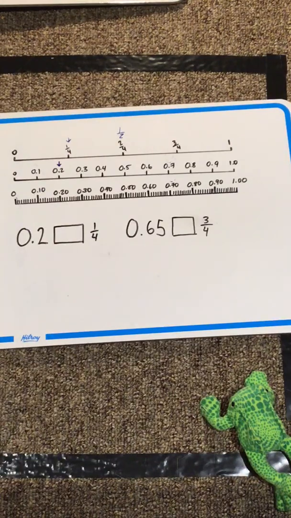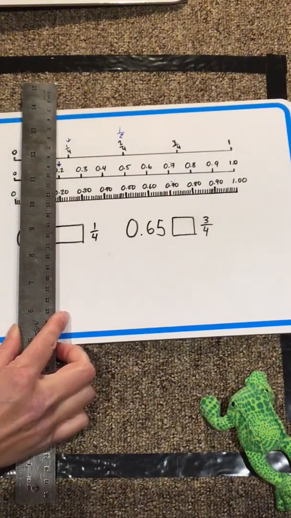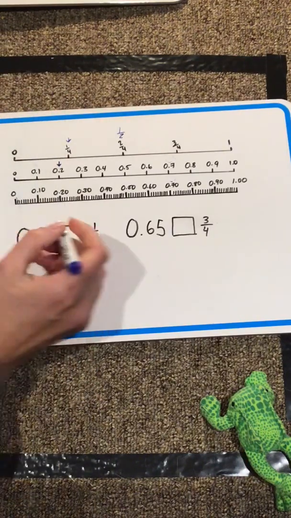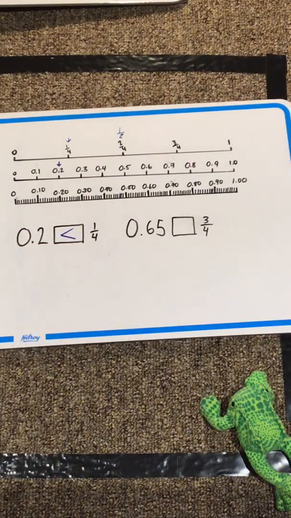Now you can always use a ruler if they're close. You know, you can slide it over. Okay, we're at the first one. Oh, looks like 1/4 is farther to the right. So it's a bigger amount. That's what the crocodile wants to eat. He's going to go that way.